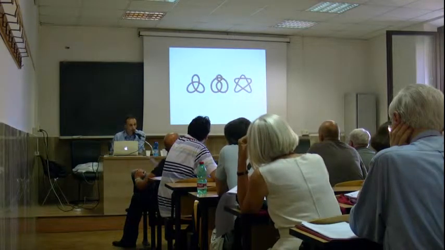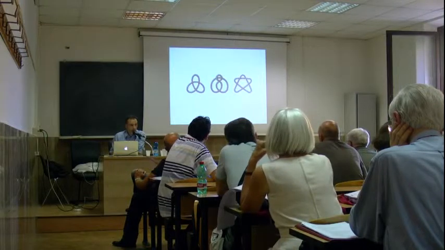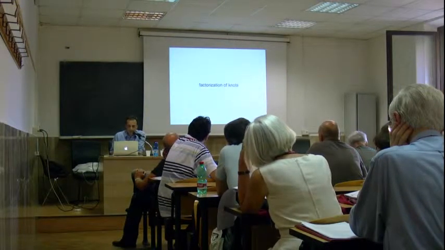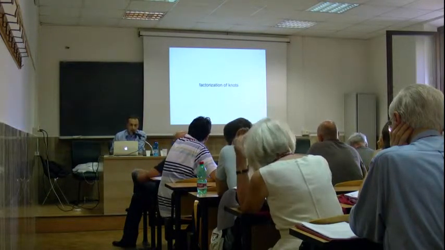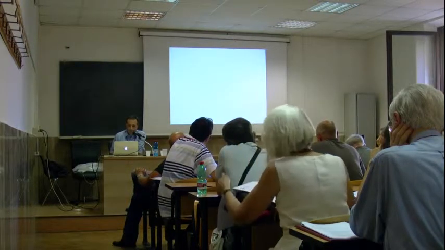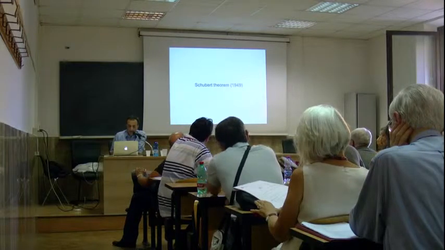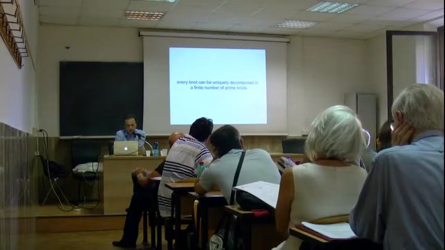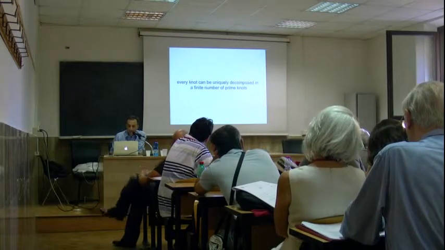And since we have an existing proof of prime knots, we can ask about factorization of knots. And this leads us to one of the main results in knot theory, Schubert's theorem, 1949, stating that every knot can be decomposed in a unique way into a finite number of prime knots.